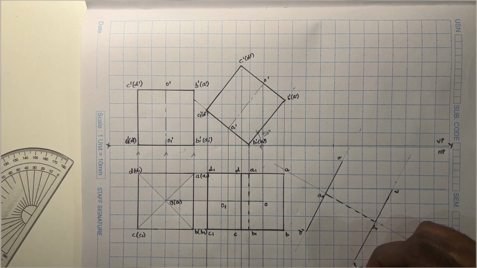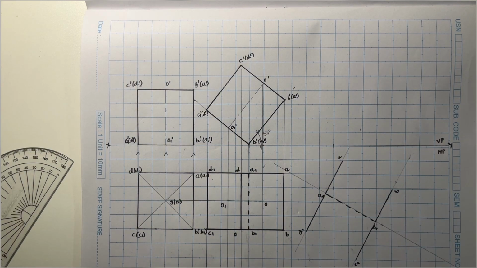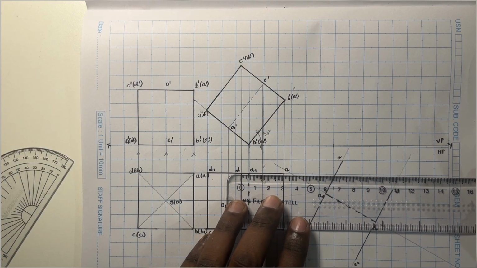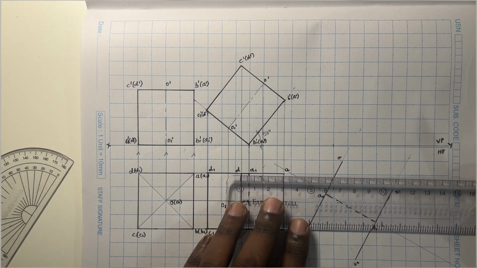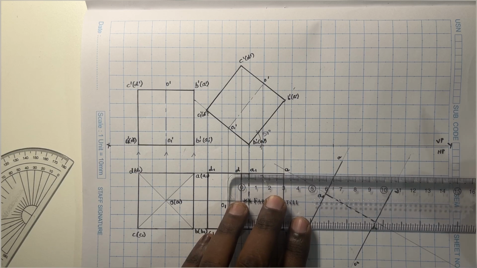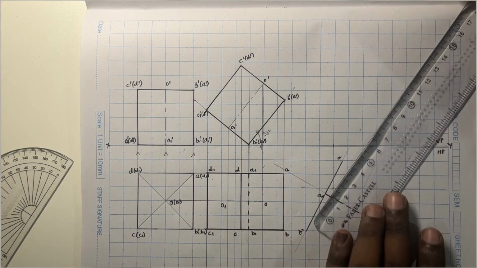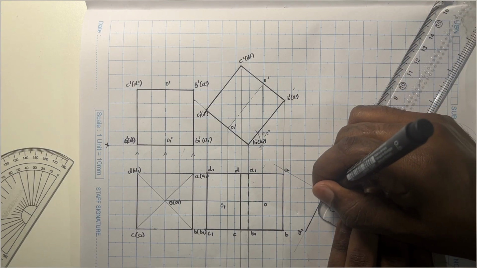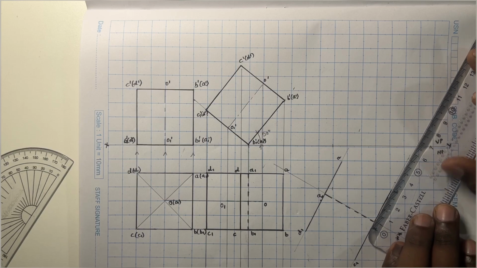Now I need to identify the points D. So A1 to D, if I'm going to measure this distance, A1 to D is equal to 0.5 mm. So I'll transfer that 0.5 mm. And similarly, this will also be symmetric.